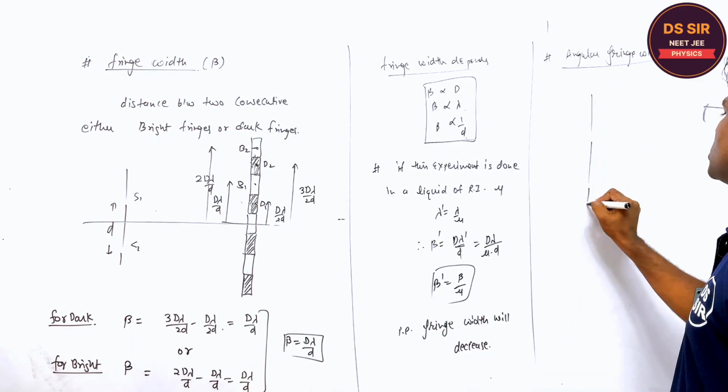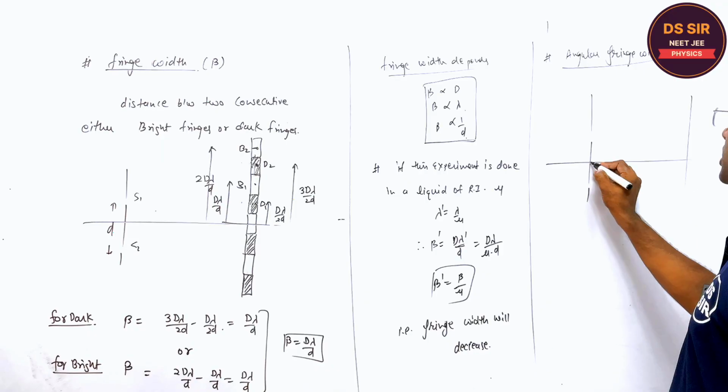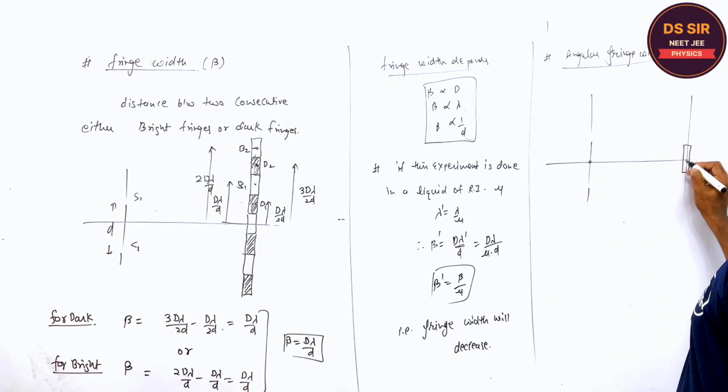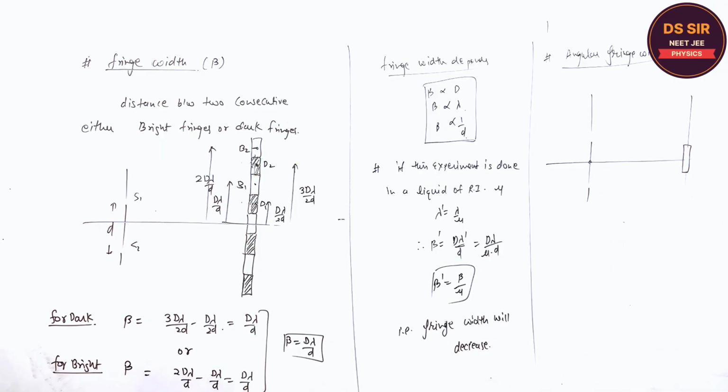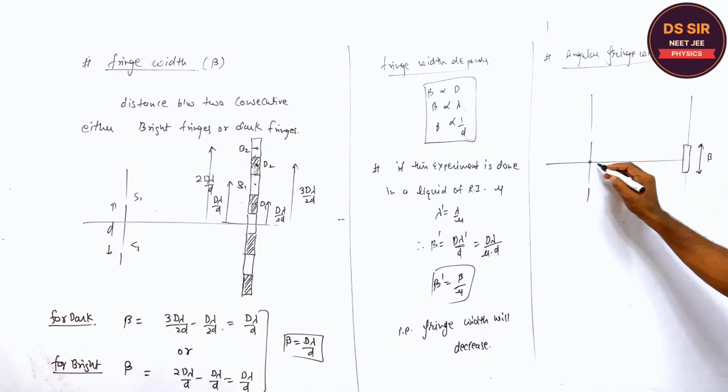Listen one thing. Suppose these are the slits S1 and S2, and this is the bright fringe. The fringe width of this bright fringe is beta.